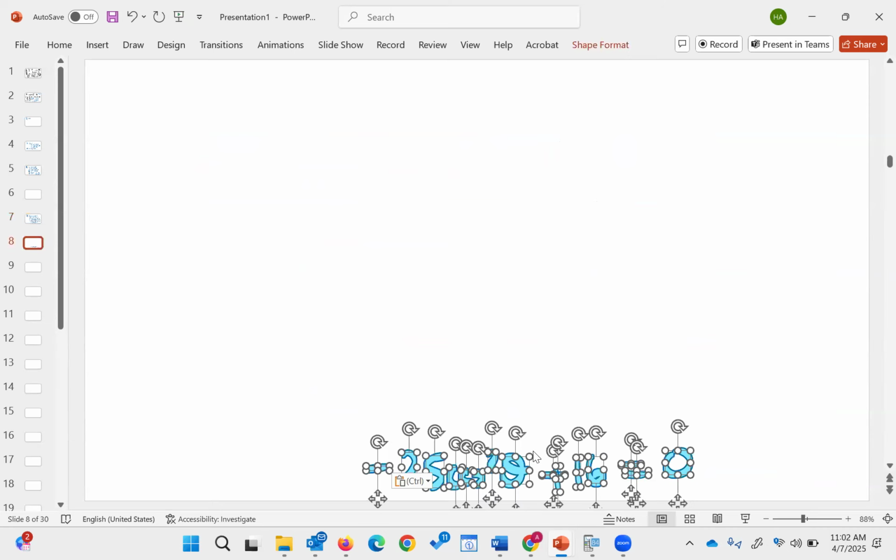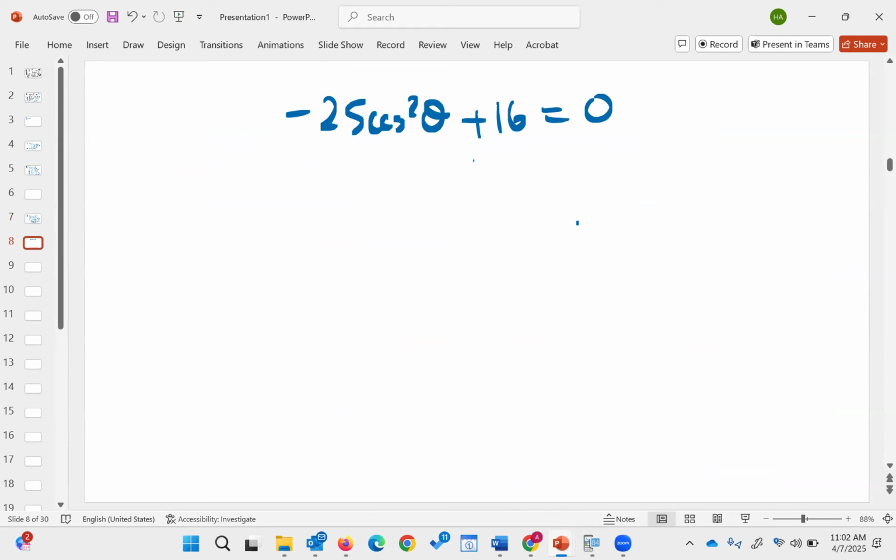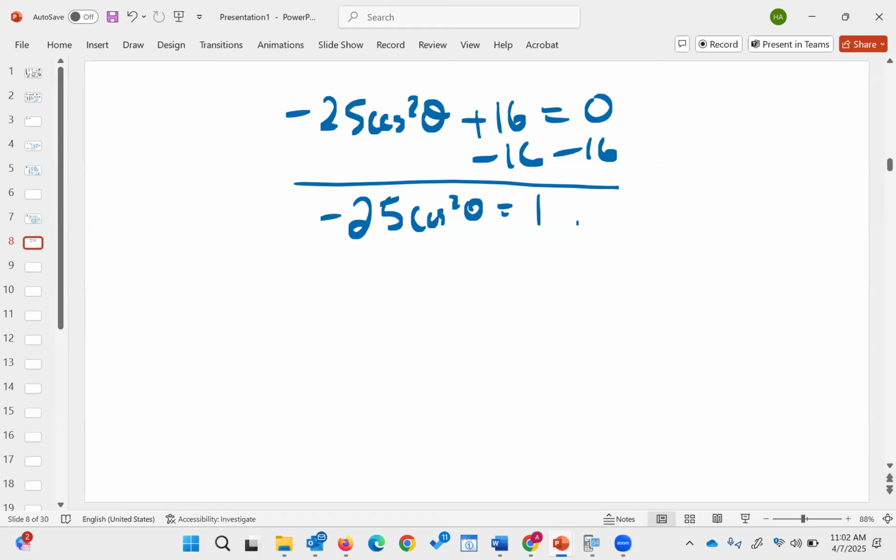I'm going to subtract 16 from both sides, normally how we solve for x. Eventually, yeah, but you have to move things over first. You get the minus 16 here. Divide by negative 25.